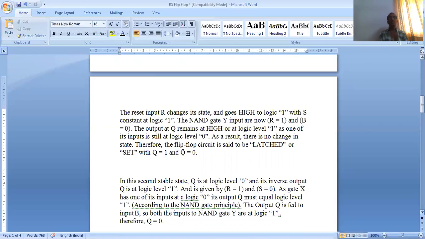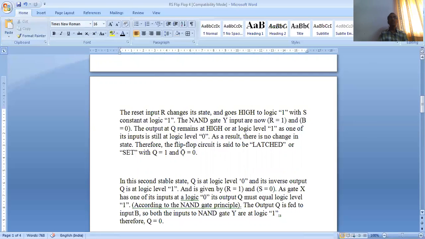Why is it logic 0? See, one of the inputs is at logic 0. Its output Q must be equal to logic level 1. It is multiplication, so 0 times whatever, the output of the NAND gate X is 1.